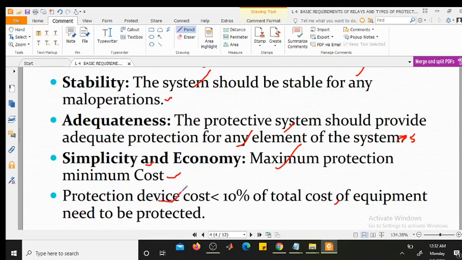What is the use of the protection device? The cost of the protection device should be minimum. Suppose the generator cost is 5,000, then the cost of the protection device should be less than 10% of that 5,000.